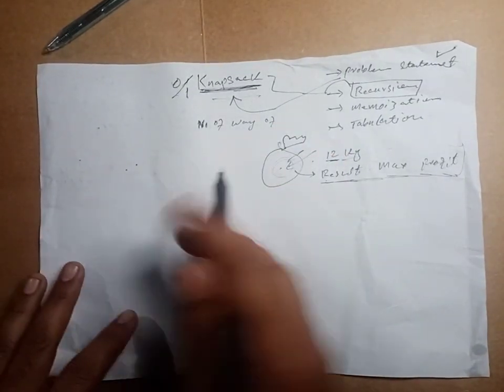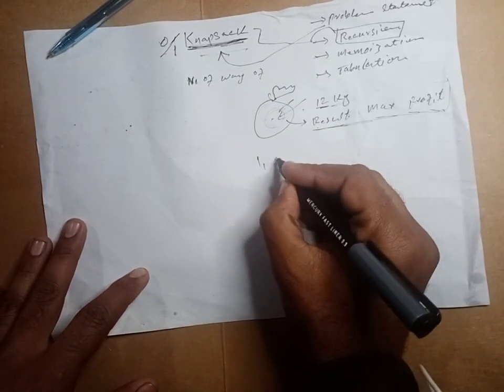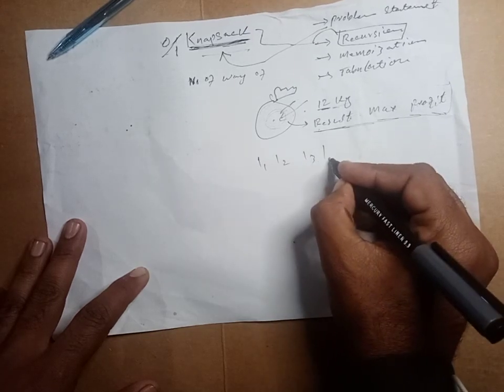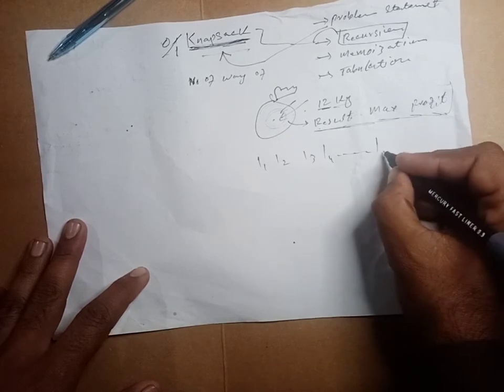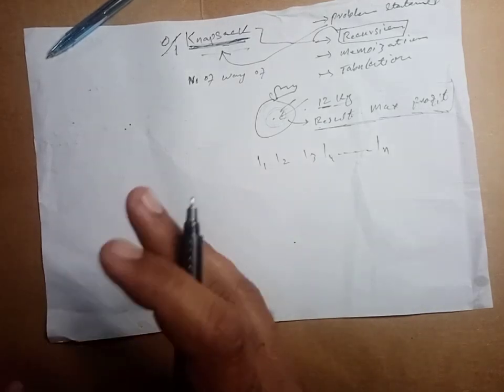For example, we have a set of items, I1, I2, I3 and I4, dot dot dot up to IN. So these are the items, each with a weight.